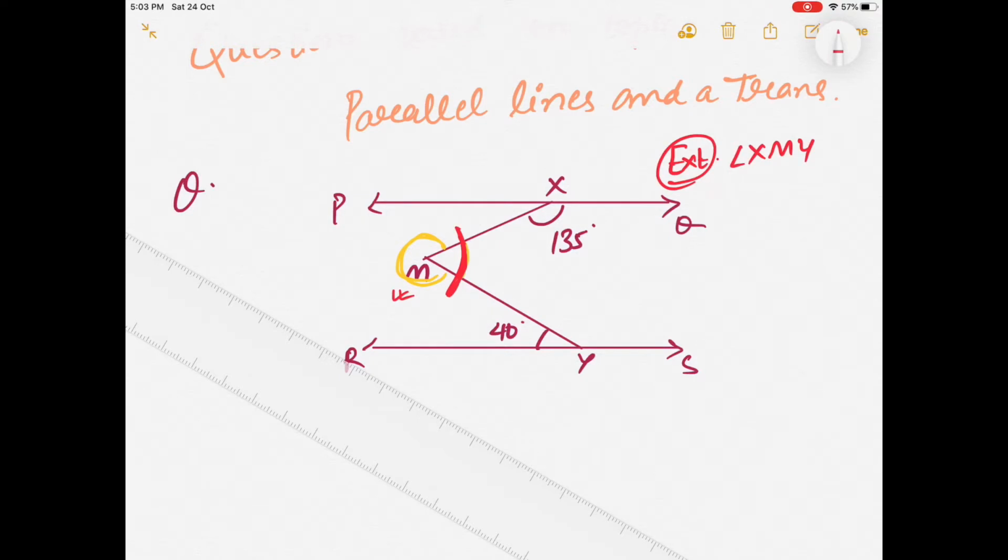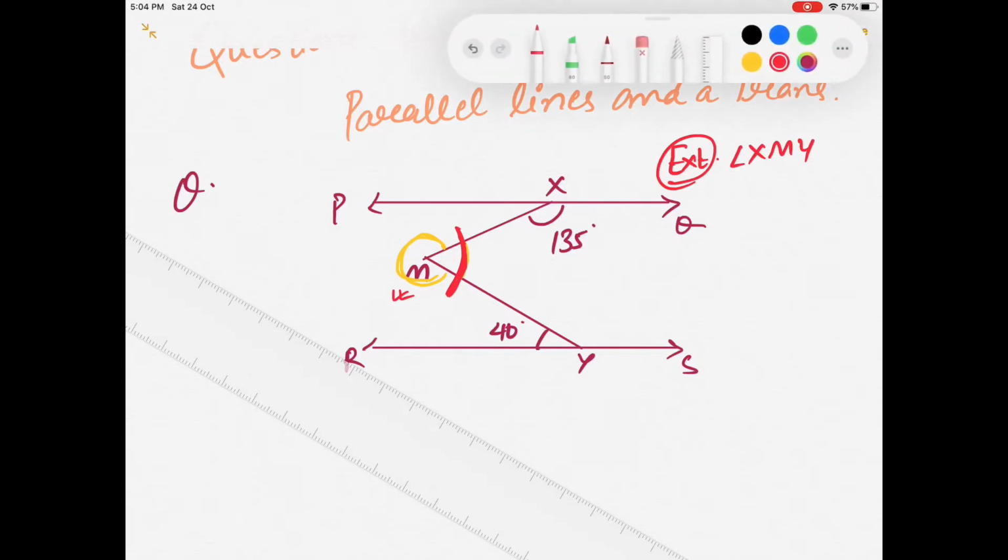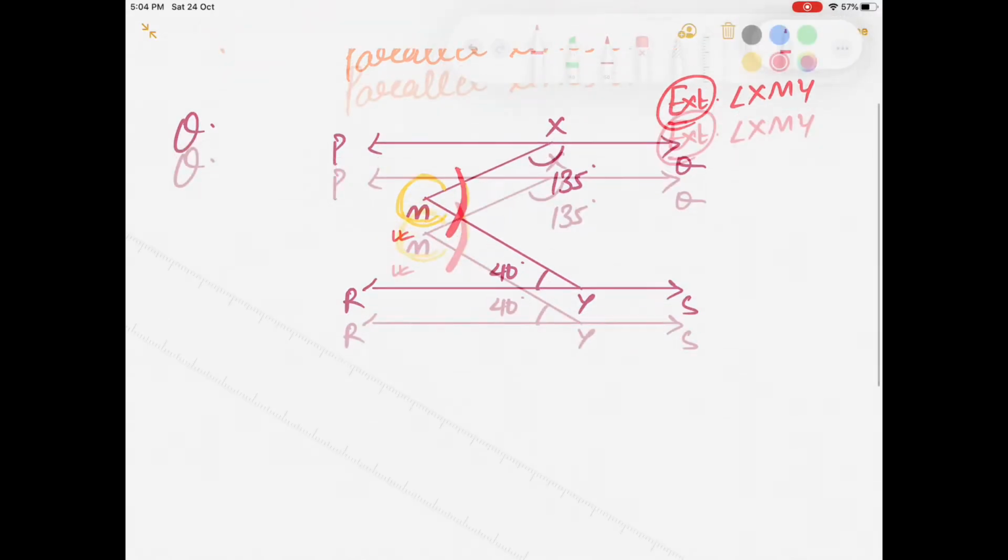So don't get confused in these types of questions. Now the question is saying PQ is parallel to RS and they have given measurements of angle MXQ and MYR. So we have to find angle XMY.